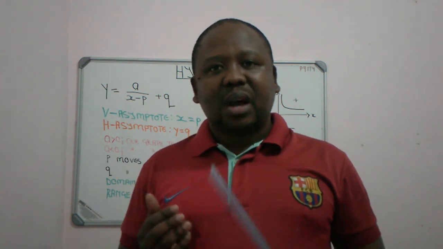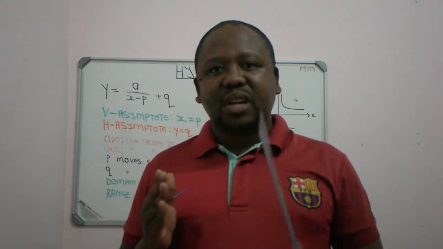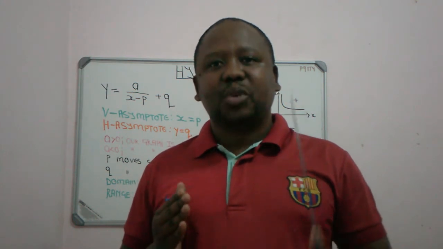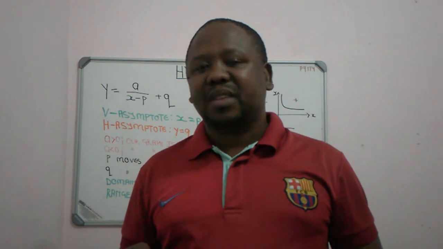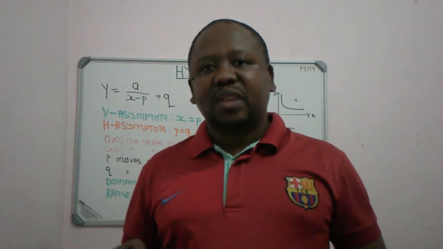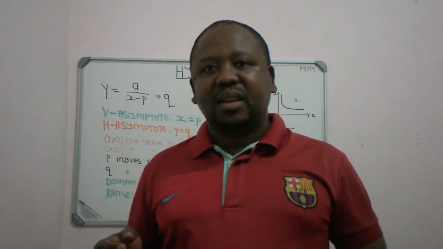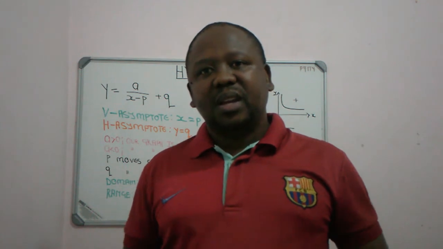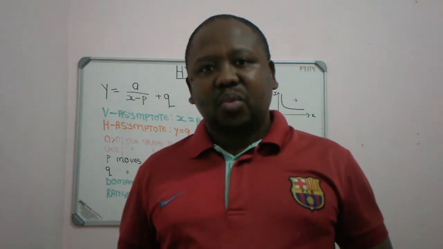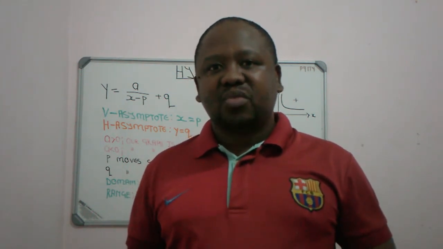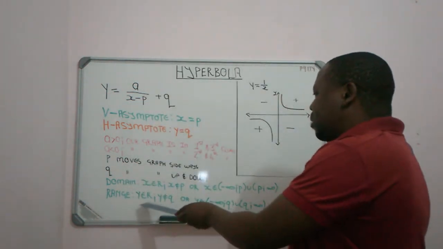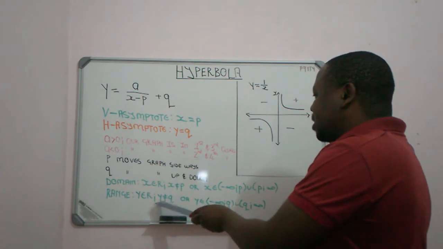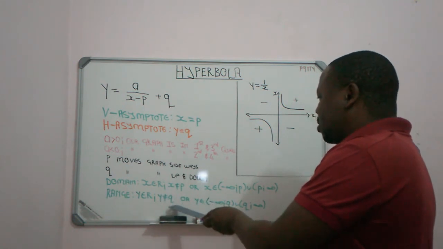If you draw your graph and you make your graph touch the asymptote, then your graph is wrong. It must not touch the asymptote. So that's why we say x is not equal to p. And in the case of the range, we say y is an element of real number and y is not equal to q.